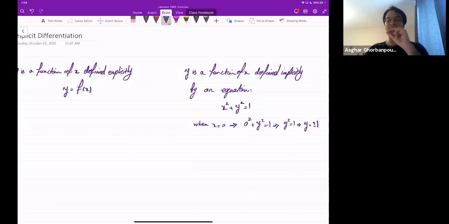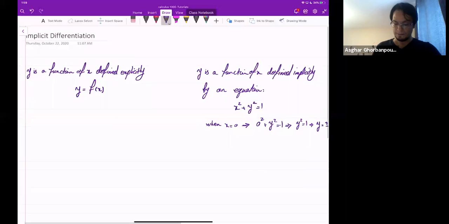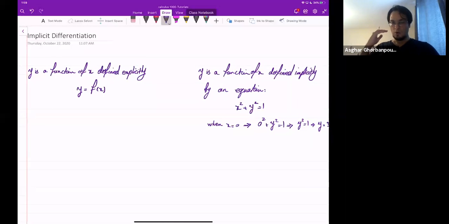That is how x and y are related to each other. To find the value of the variable y, we plug in a value of x, you get an equation, you try to solve it, and then find the value of y, how that dependency is given. Now, when you have a function given explicitly, you know how to find the derivative of y with respect to x.